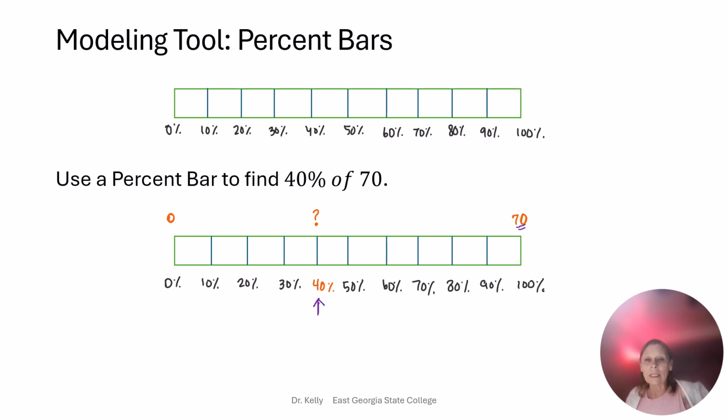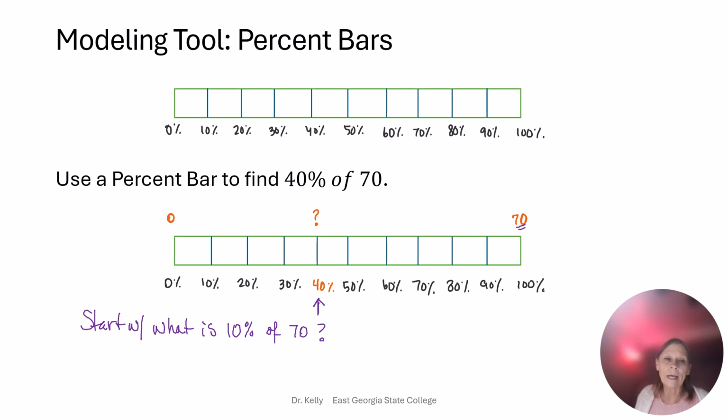The best and easiest way to do this, and there are several different ways, don't get me wrong, but when we're talking about the percent bar, it's really good to start with what is 10% of 70, okay? Because that's pretty easy to figure out.